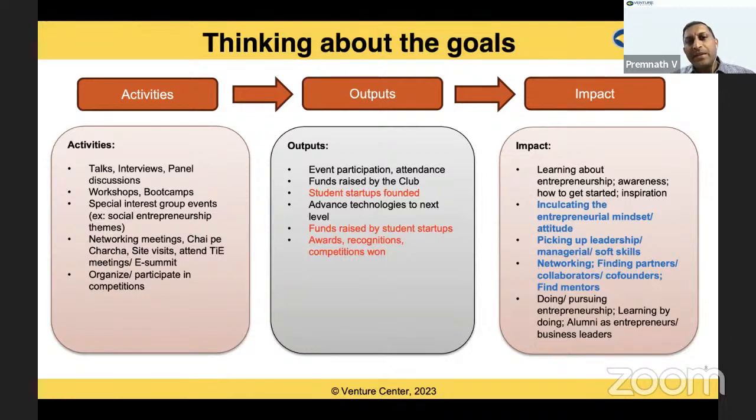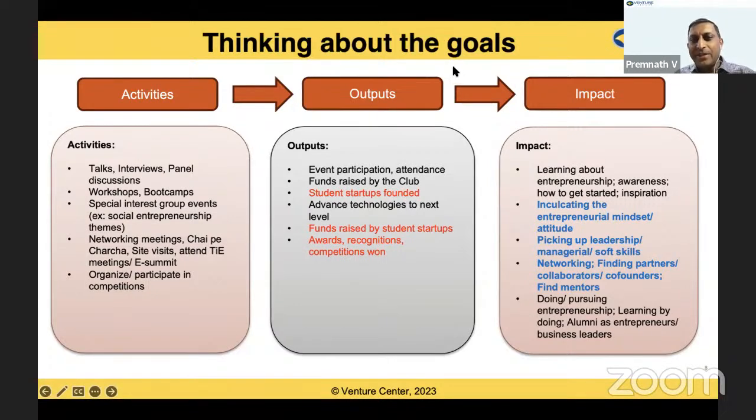So in the intermediary stage are outputs, and these are the outputs which you might see and report as an academic institution in maybe something like the NIRF innovation rankings, right? So these are also important.